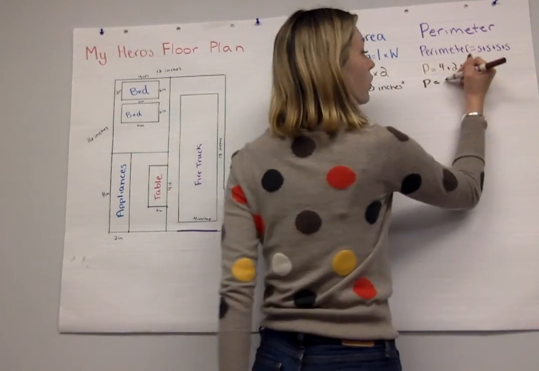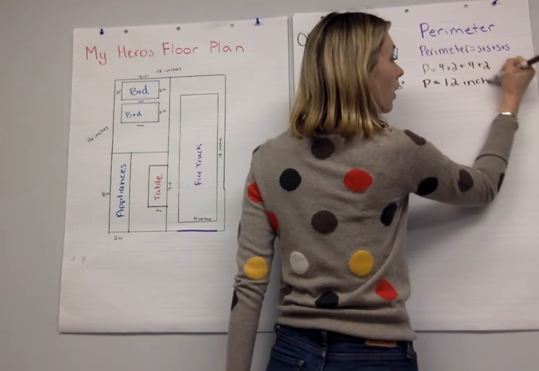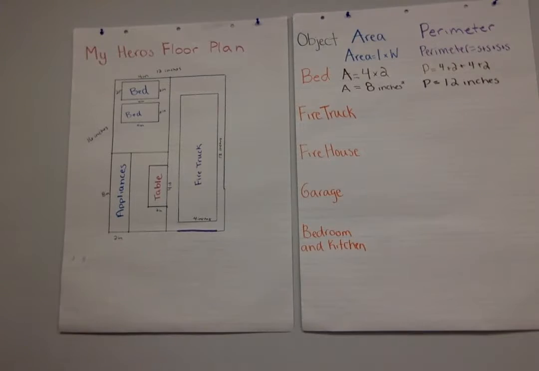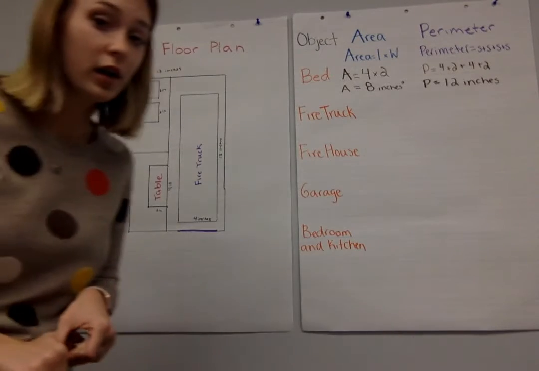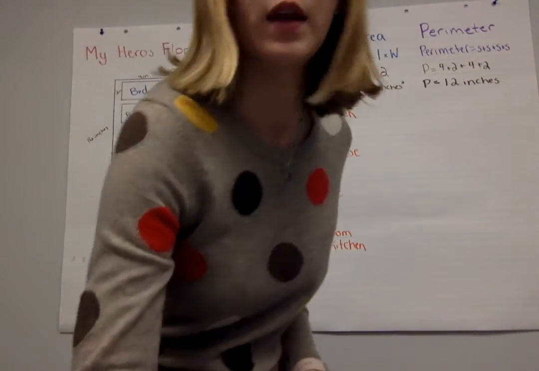So we have 12 inches for our perimeter. Does anyone notice that our perimeter is bigger than our area? That's interesting. Let's go to the next one.